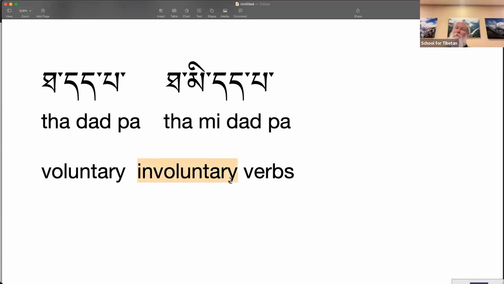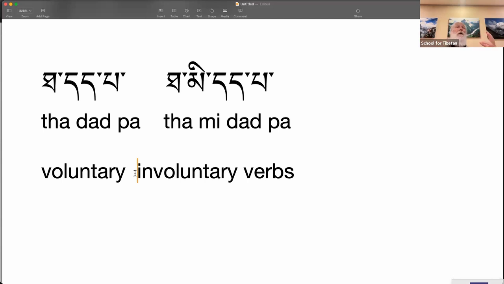For example, many verbs of mental activity are involuntary. Like thinking. Very often you have couples of verbs for the same action. One is involuntary, one is voluntary.